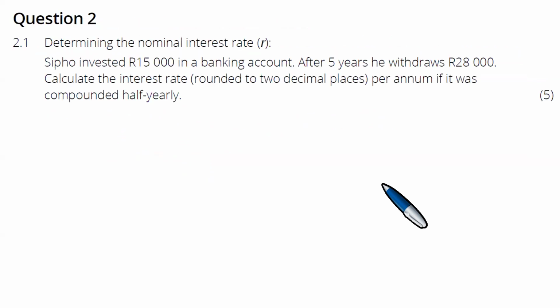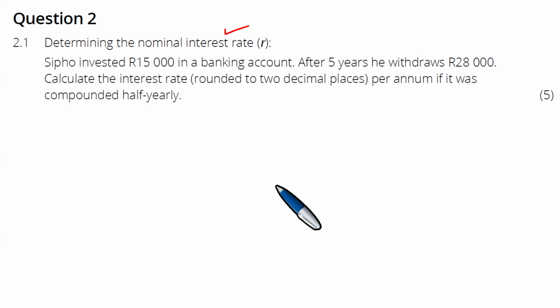Okay, now let's look at this question. It's about determining the nominal interest rate. There are different types of interest rates, but this one is called the nominal. SIPO did something. What did SIPO do? SIPO invested 15,000 Rand into a banking account.